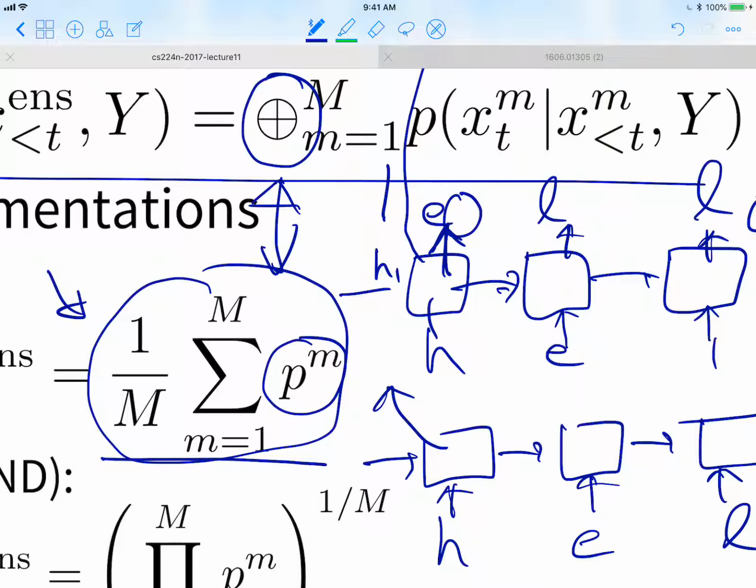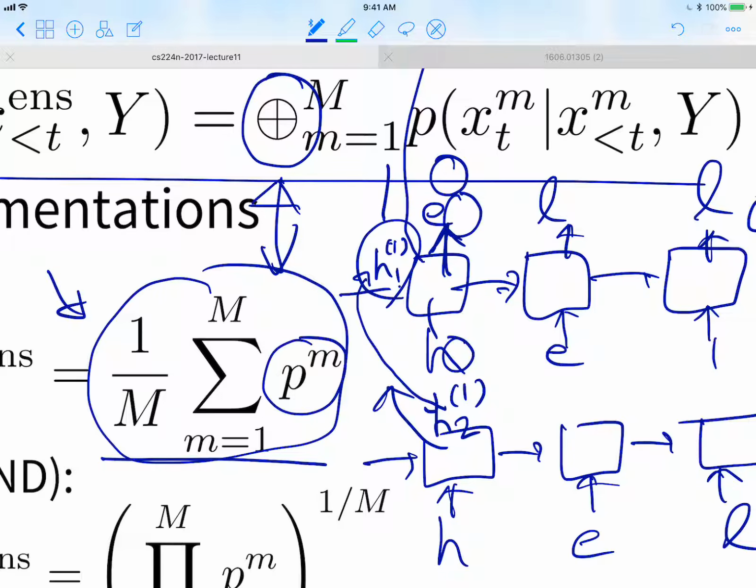Suppose this one is the first model's hidden state vector, and then the second model's hidden state vector at the same time step t1. Suppose we do the average at this moment using these two, instead of doing the average all the way at the output layer.